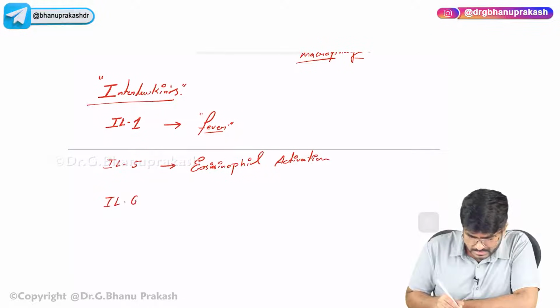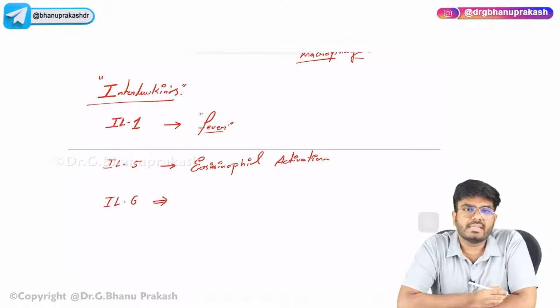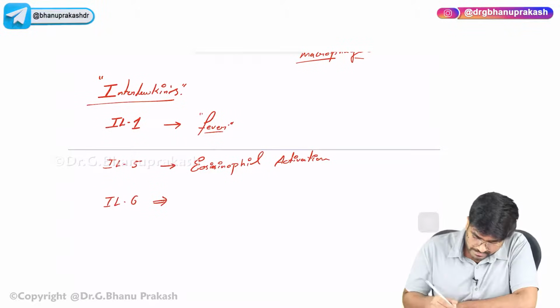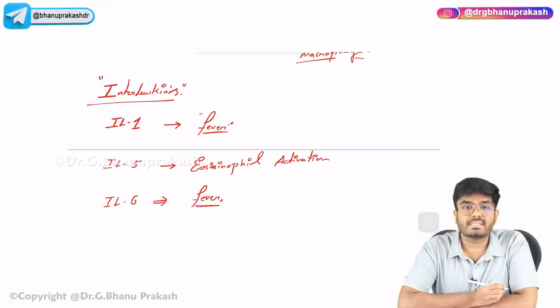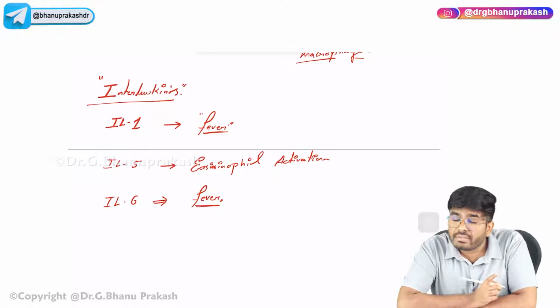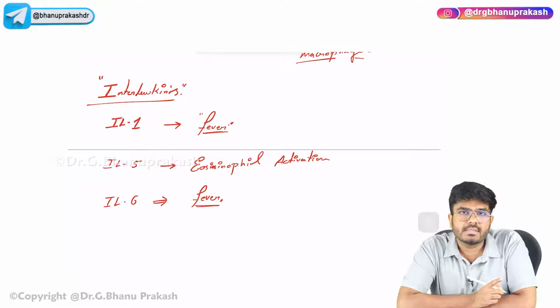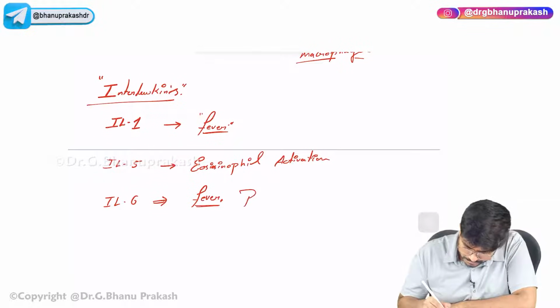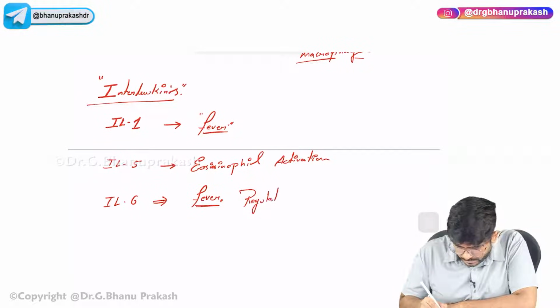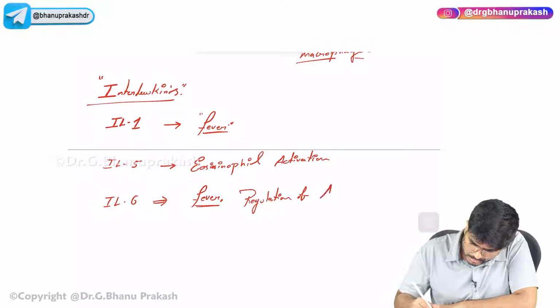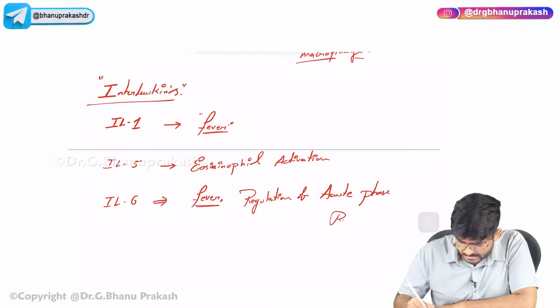Interleukin 6, we have already discussed, I think. Interleukin 6 causes fever. So fever is caused by interleukin 1 and interleukin 6. Interleukin 6 is very, very important. It regulates the levels of acute phase reactants. Okay, it's regulation of acute phase reactants.